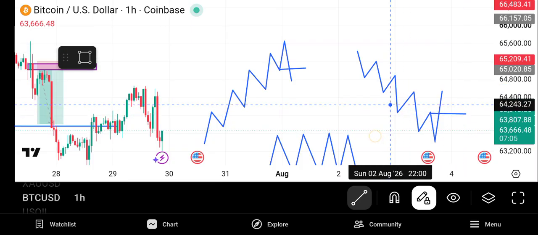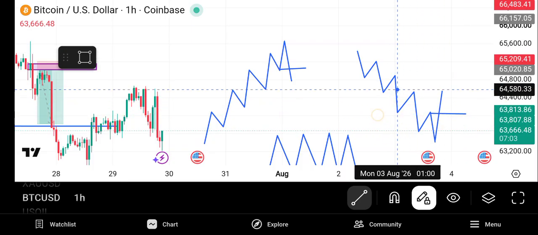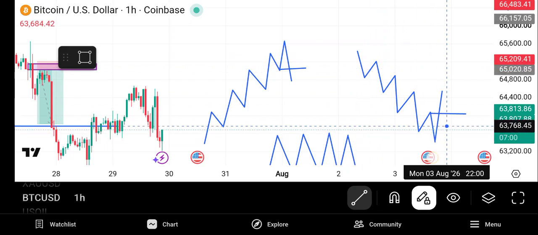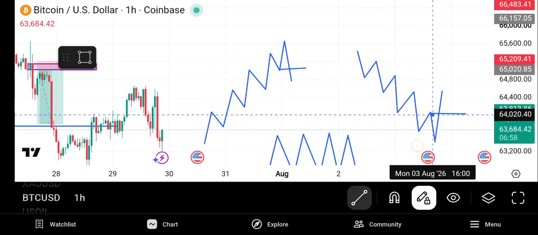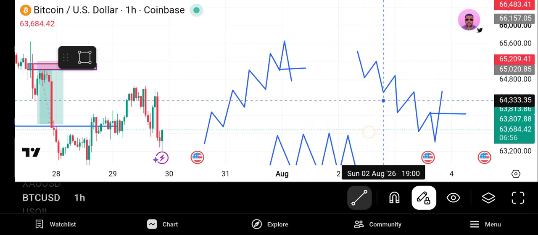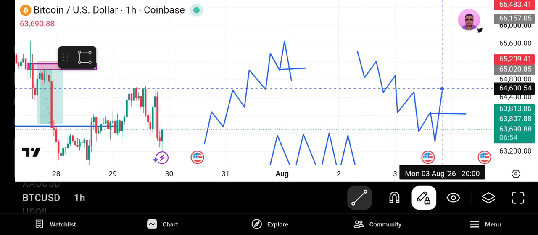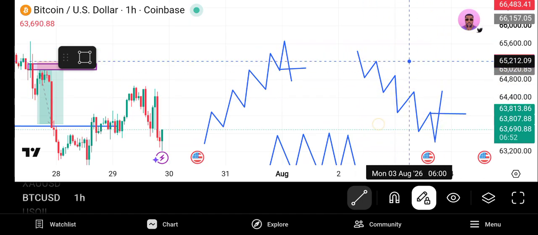And what is market structure shift again? It indicates that this current trend, which is a downtrend, is coming to an end and the market is about to change direction to trade up. Now it's about to buy. Alright, so that is what it means.